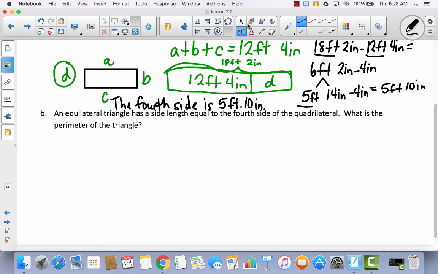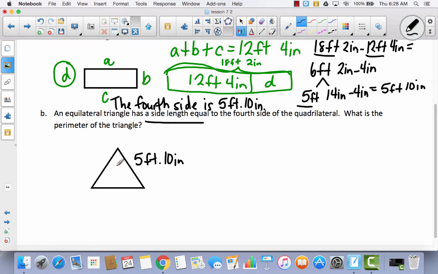Okay, so we're kind of using some information from A here. So I'm going to go ahead and draw a triangle. And an equilateral triangle, what do we remember about equilateral triangles? Well, all sides are equal. So we know that it has a side length of 5 feet, 10 inches. And it wants to know what the perimeter is.